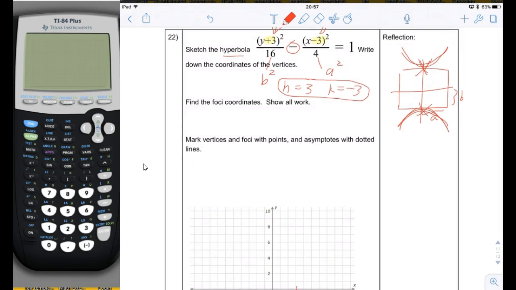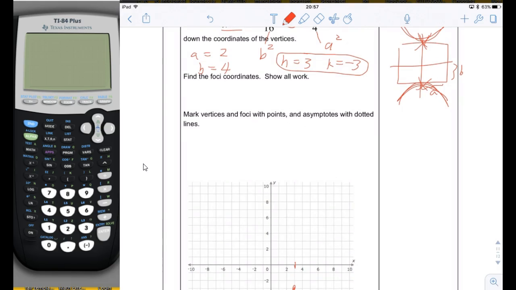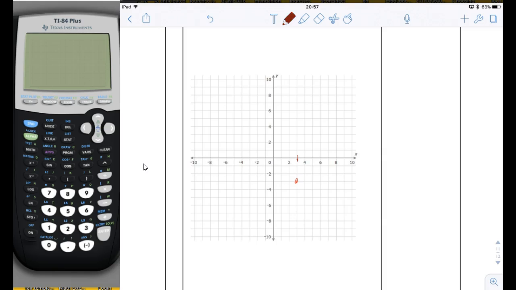And then we know that our a value, our half width, is 2, and our b value, the half height, is 4. So we're going to make our rectangle half width 2, and half height is 4. So we're going to draw the rectangle based on that.